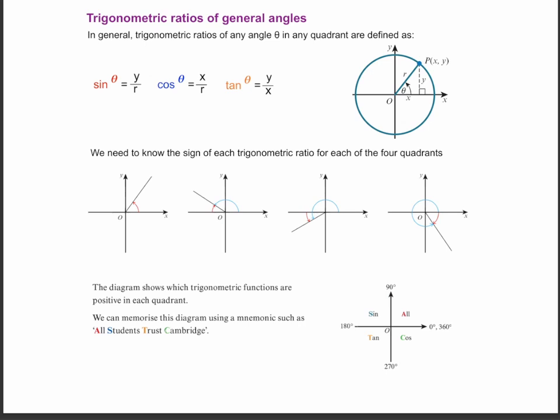Now, in general, the trigonometric ratios of any angle theta in any quadrant are defined by this thing right here, as we saw previously. And that theta is always the reference angle that we are looking at. Now, if you looked at the reference angle in all the 4 quadrants, there are times when you have the same reference angle in different quadrants, right?